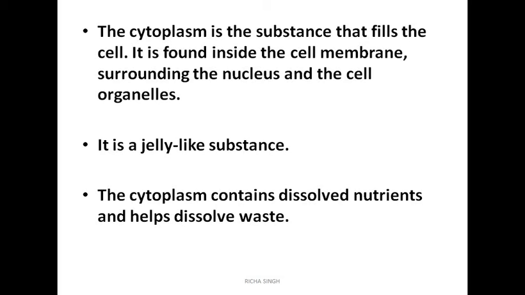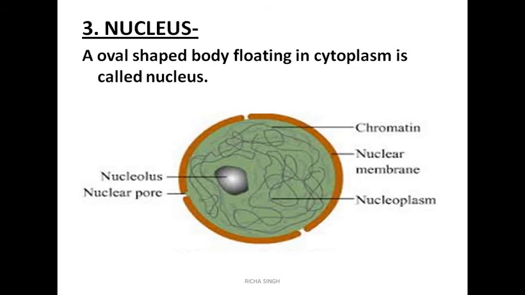Next, let's come to the third part, the nucleus. The nucleus is an oval-shaped body that floats in the cytoplasm, and it has the following parts. You can see here in the center of the nucleus a structure known as the nucleolus.